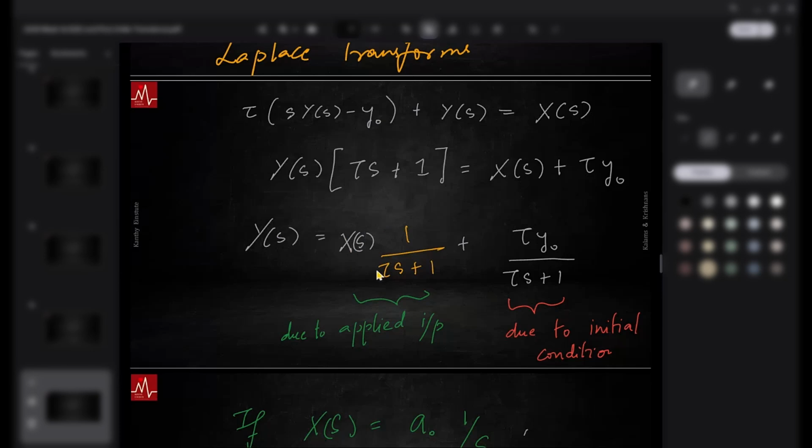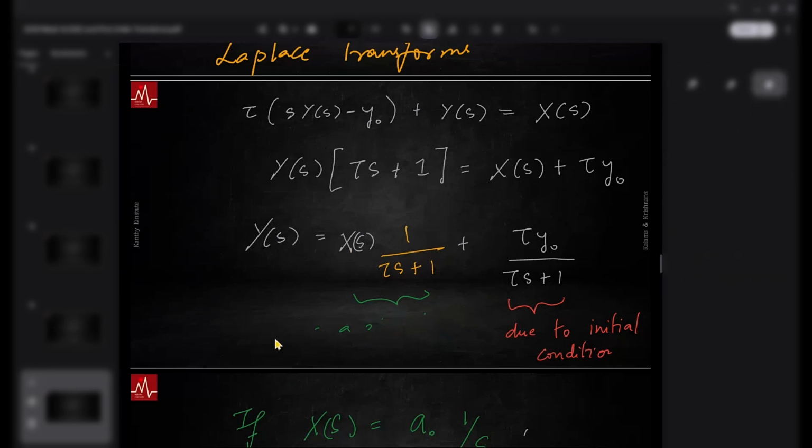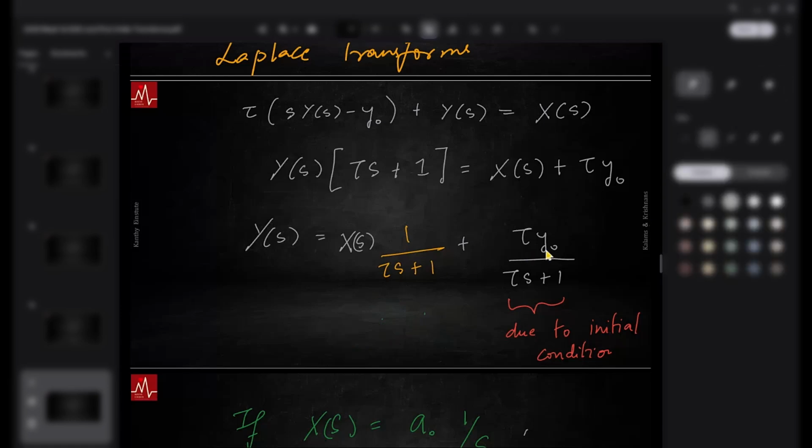This is a transfer function, and this is the input.